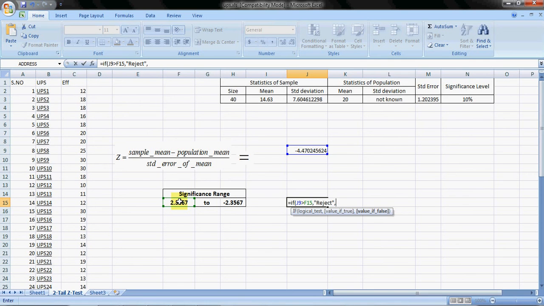Let me explain once again. If this value is greater than this value, then our data falls far from the acceptance region. Now if this condition is false, we have another statement, as you can see it's a nested IF statement. Again let us perform this test: if this value is less than this value, again it is out of our acceptance region, and again we will reject.